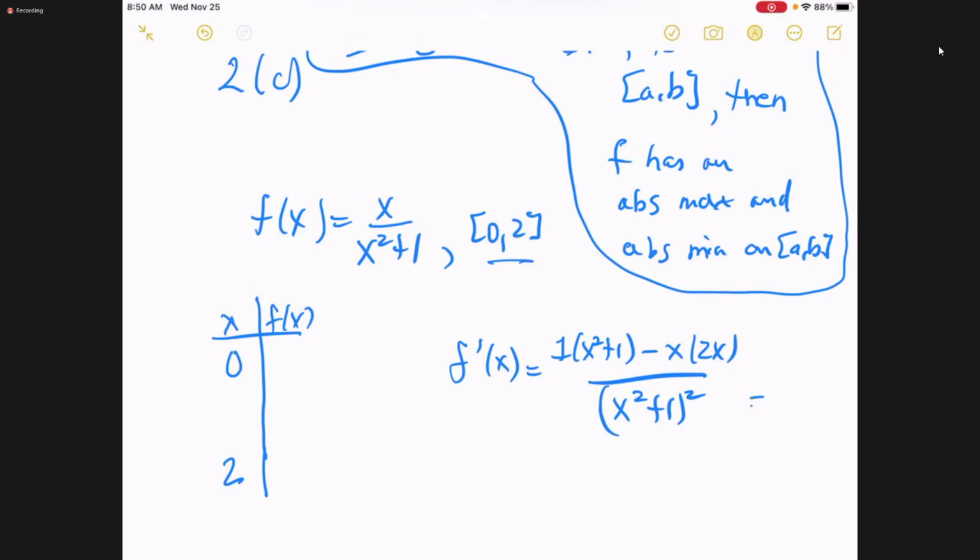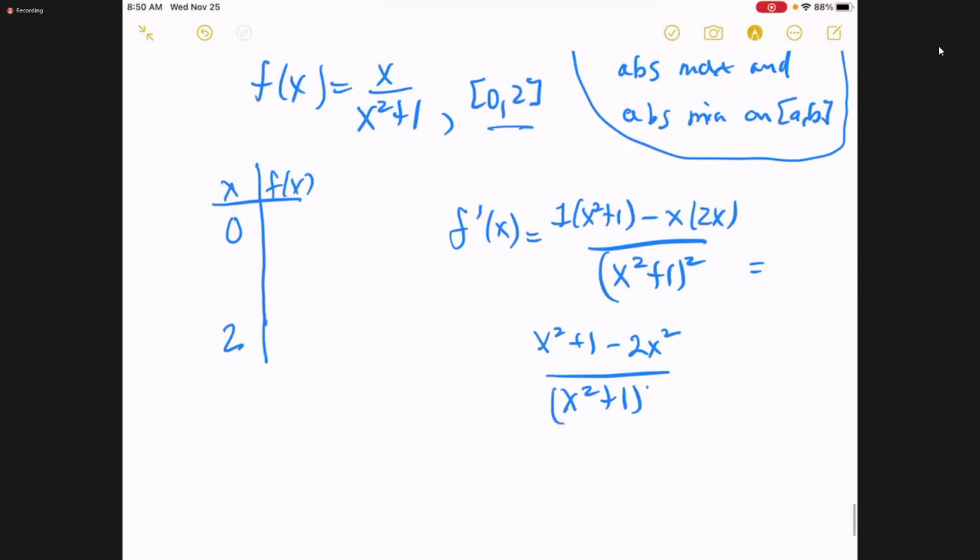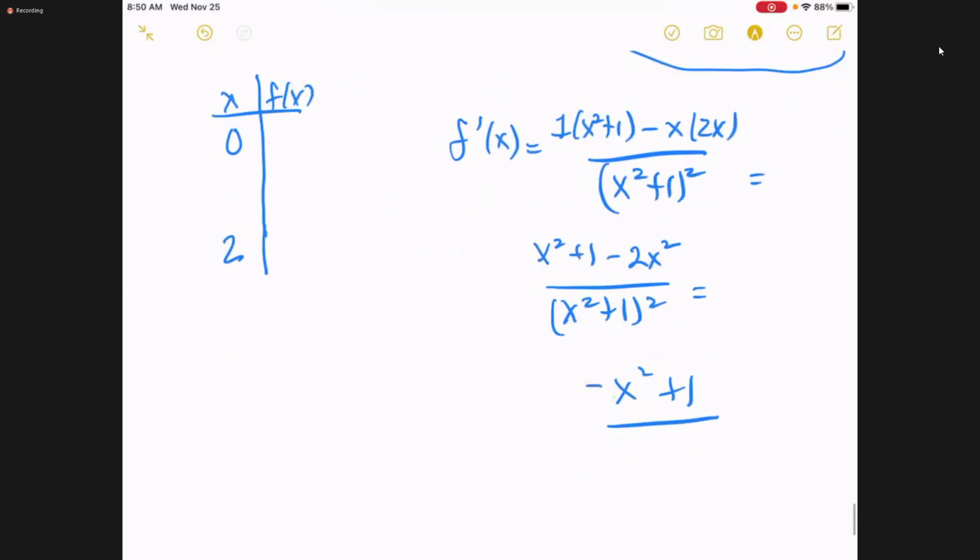Okay, just checking my arithmetic there. Okay, so we get x squared plus 1 minus 2x squared, and that's minus x squared plus 1 over x squared plus 1 squared.